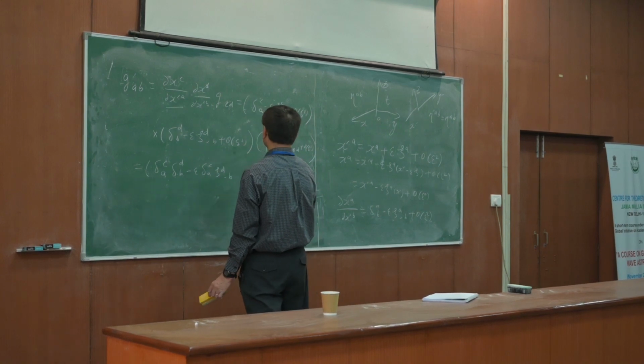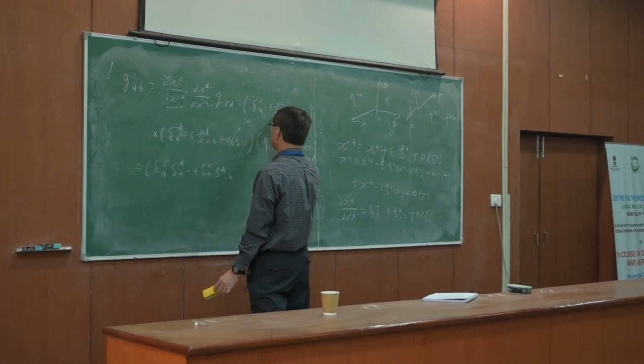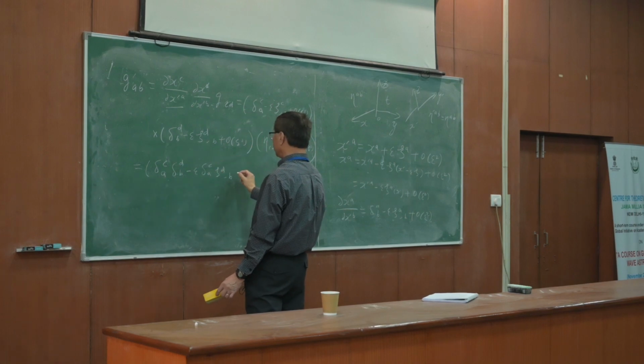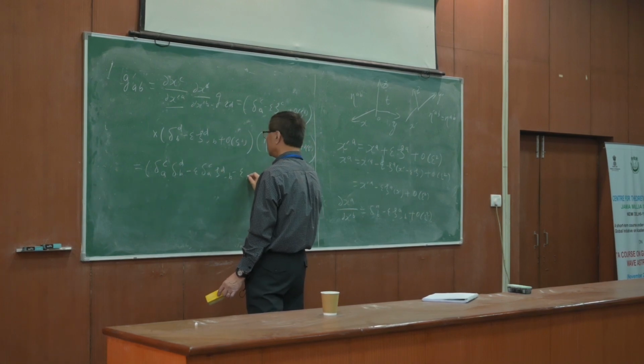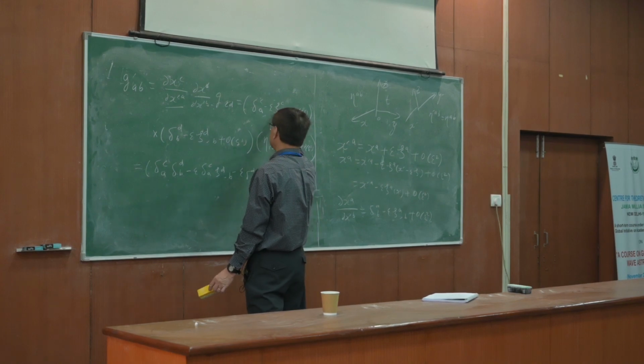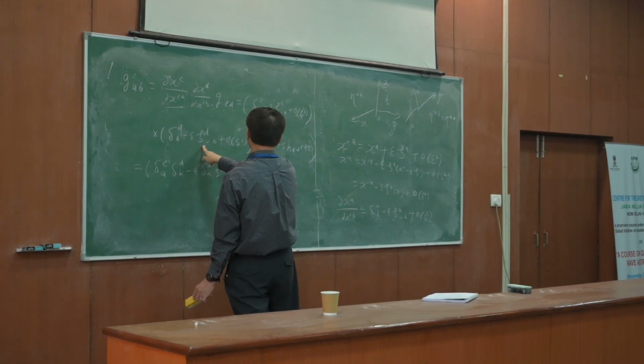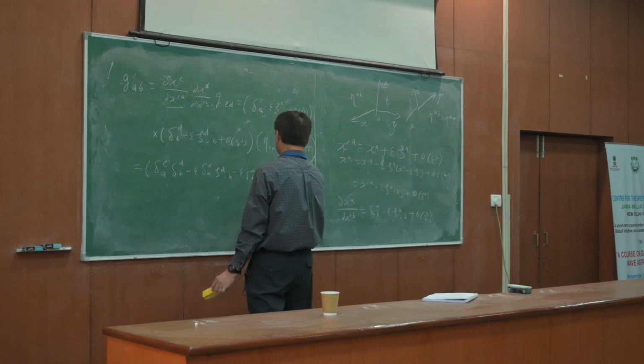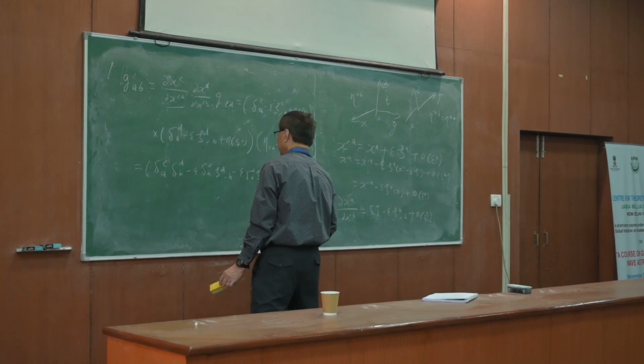Now this guy multiplied by this one, minus epsilon delta D B psi C A. This multiplied gives second order and third order.